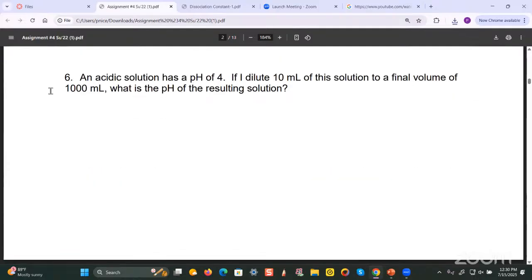Question number 6 says you have an acidic solution that has a pH of 4. If I dilute 10 mL of the solution to a final volume of 1,000 mL, what is the pH of the resulting solution? All right, let me hear your suggestions as to what we should do to solve this problem.